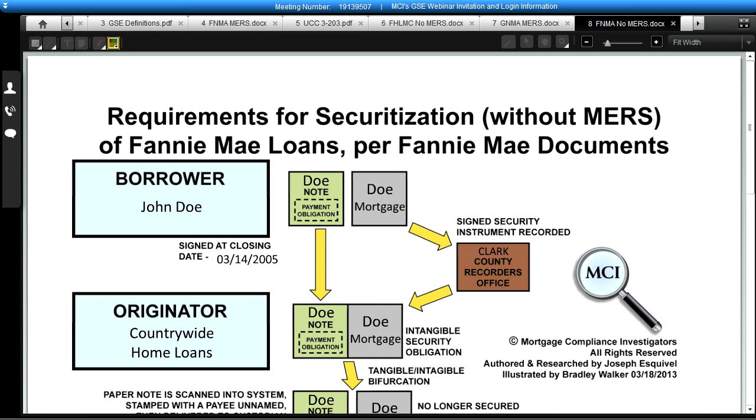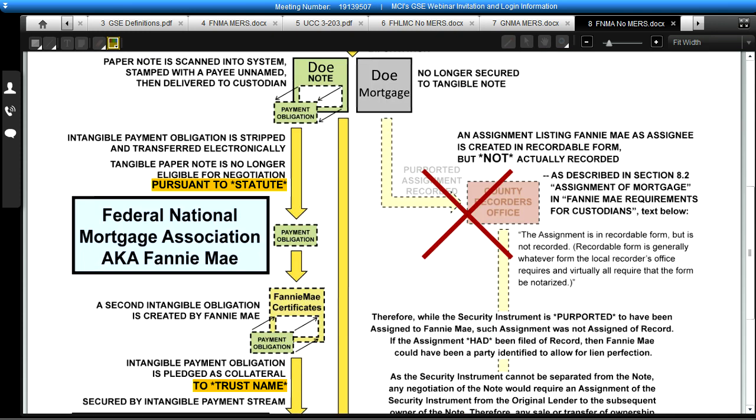Fannie Mae without MERS. Okay, with Fannie Mae without MERS, again, very similar to Freddie Mac, very similar to Ginnie Mae. The difference is right here. Without MERS, it says an assignment listing Fannie Mae as assignee is created in recordable form, but not actually recorded.